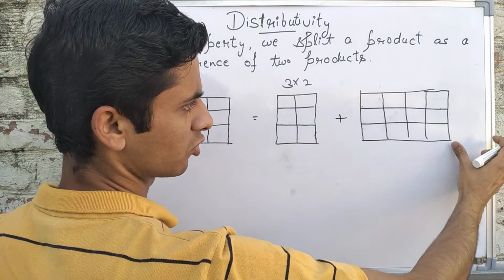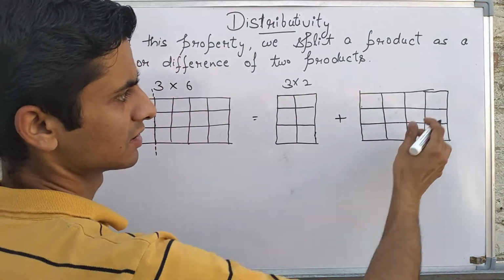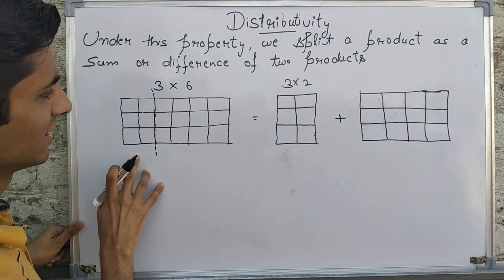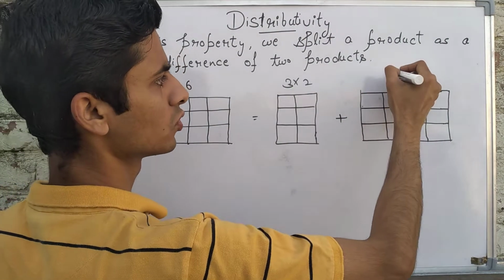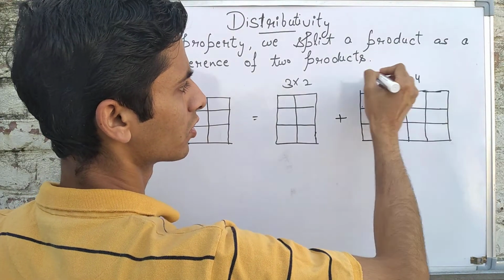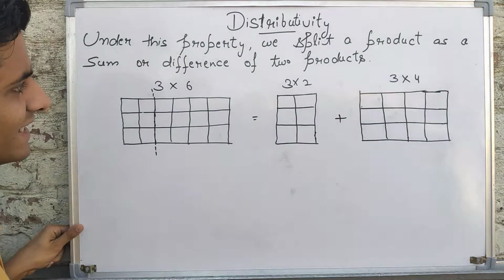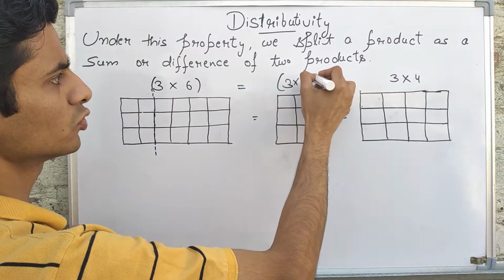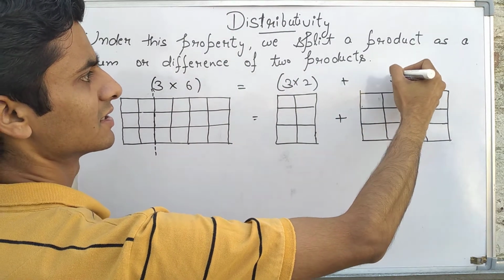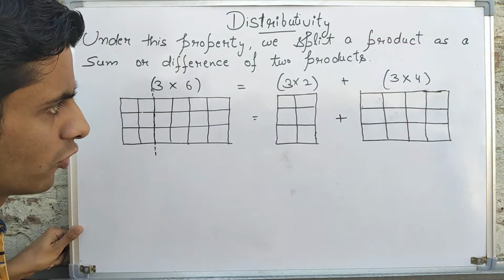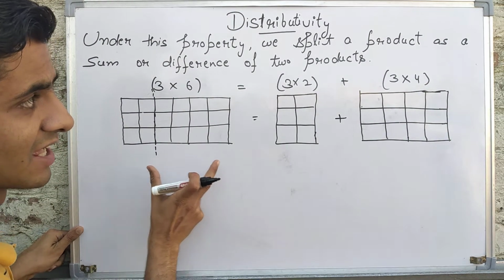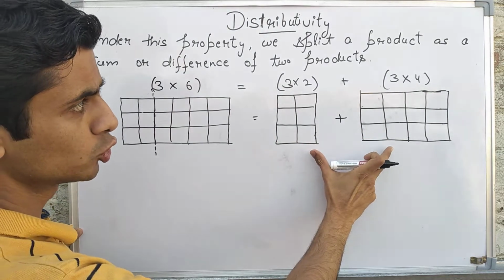So this is another part we are having. This is 3 into 2 and this is 3 into 4. So you can write that 3 into 6 is equal to 3 into 2 plus 3 into 4. So we have distributed this product as a sum of two products.